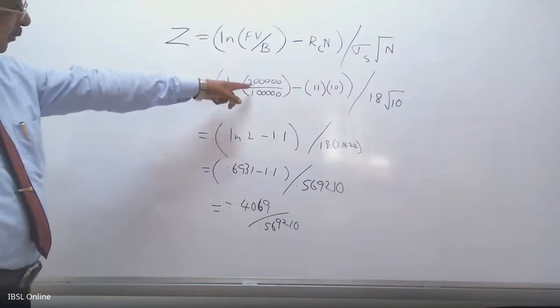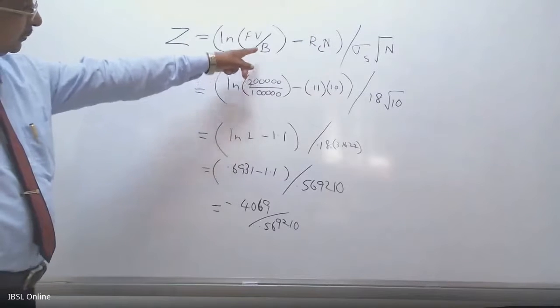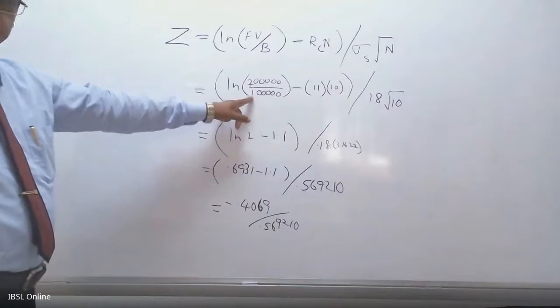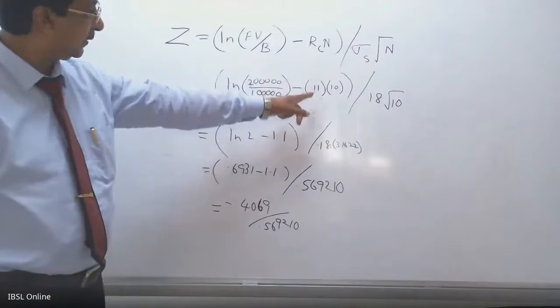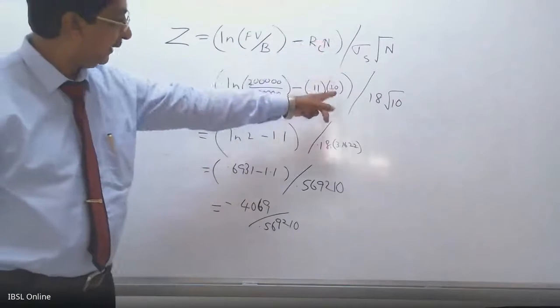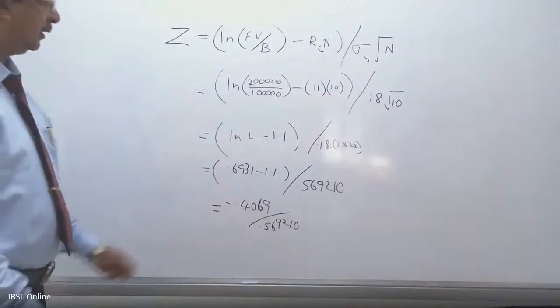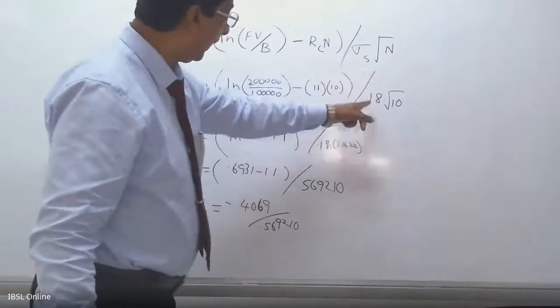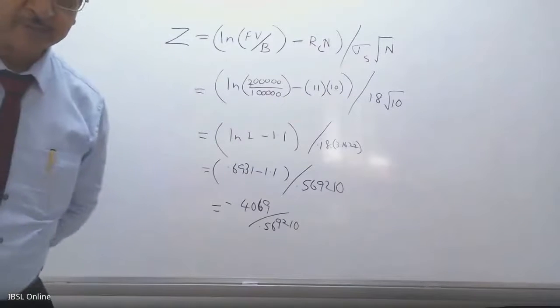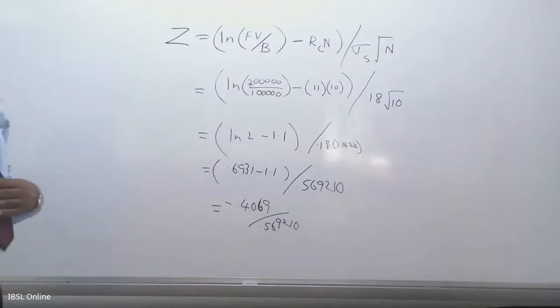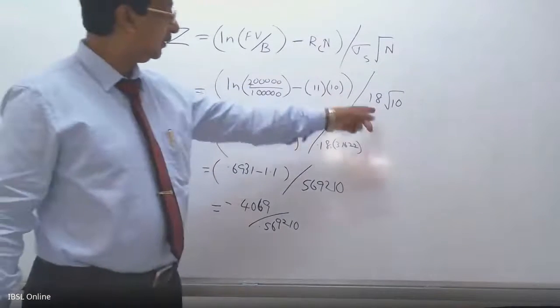Future value would be 200,000. Beginning value would be 100,000. And here you get minus RC is 0.11 and N is 10. And divided by sigma S is 0.18. 18% is taken as 0.18. Right? And square root of 10.